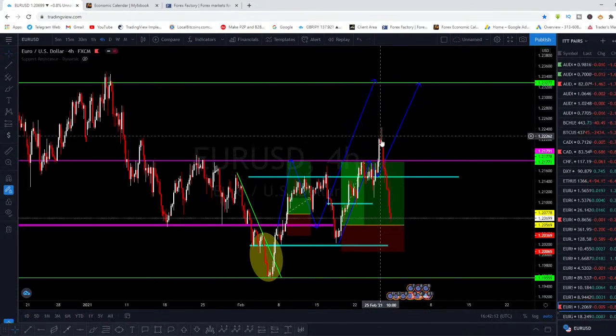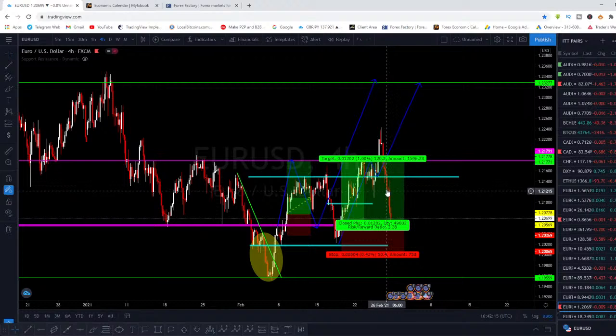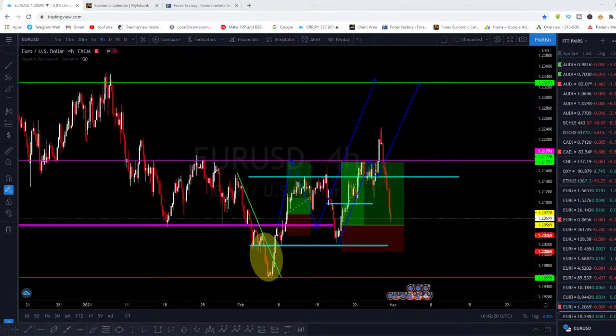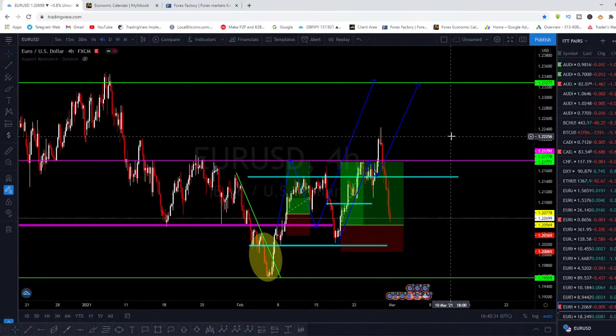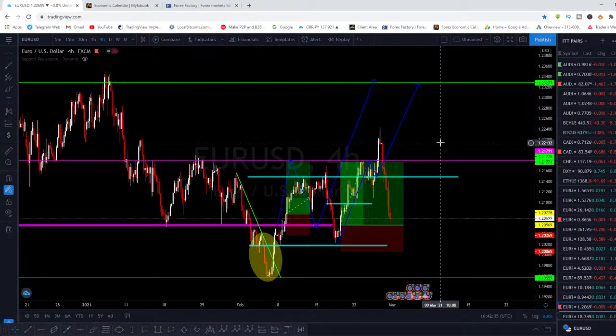But the market later came back down for another retracement when fundamentals hit the market. It was fundamentals that pushed this market to the downside. That's why you see this sell right now, right? So yeah, that's it about the Euro USD.